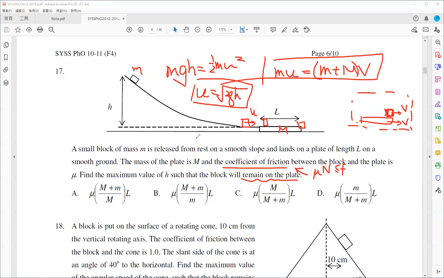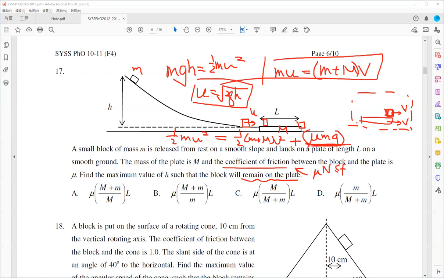The initial total energy is half m u squared, which equals the total final KE. But the final kinetic energy is less than the initial one because of energy loss due to friction. The friction has a value of mu small m g.